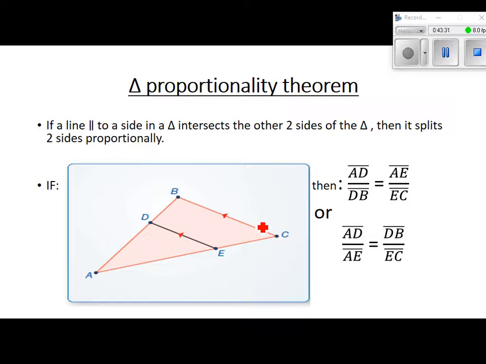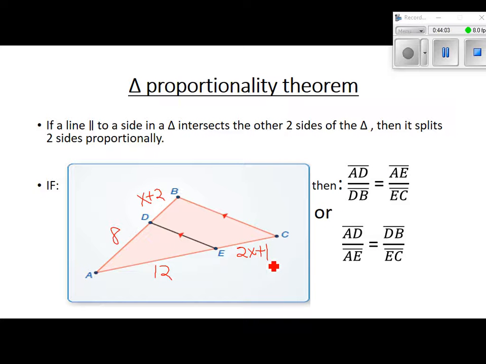Now, if Hannah's confused by this theorem, could she still split off the triangles every time and do it that way? Yeah, that would still work. So if I had this picture right here, I knew this part was 8, I knew this was x plus 2, I knew this part was 12, and I knew this was 2x plus 1.